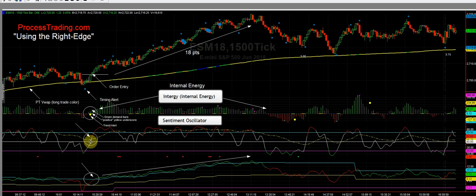You are also looking at the position within the oscillator. You see that the sentiment line is now starting to slope up, and it's going even above the upper bound. When it goes above the upper bound like this, that is a very, very strong indication that there is a high degree of sentiment to take price higher. So that's giving us a tremendous amount of information.